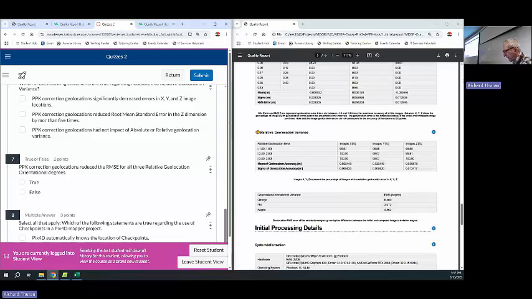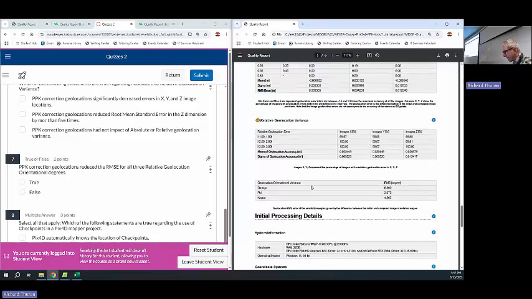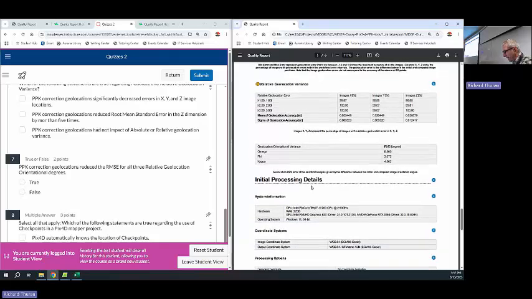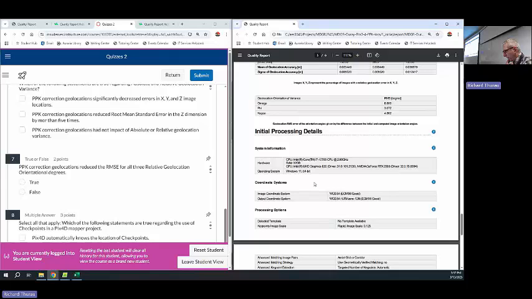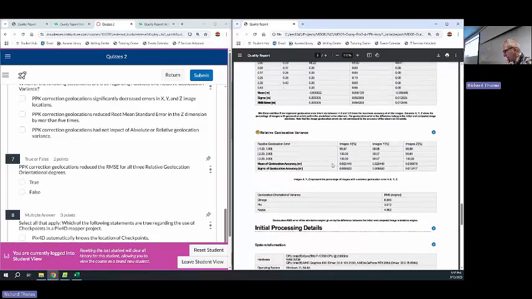Yeah, RMSE is just RMS error. Yeah, I don't see an RMSE under the relative. There's RMS degree under relative just below.